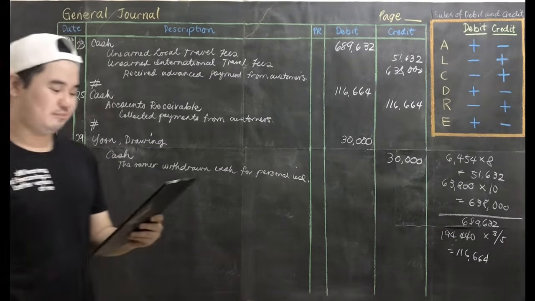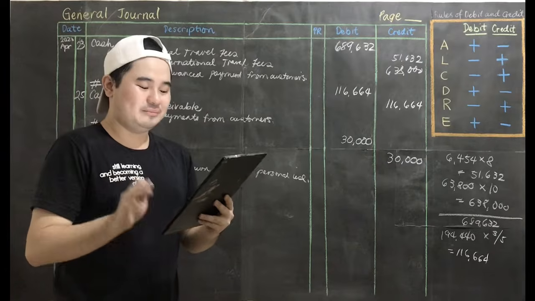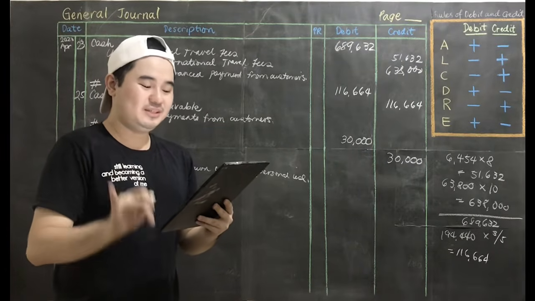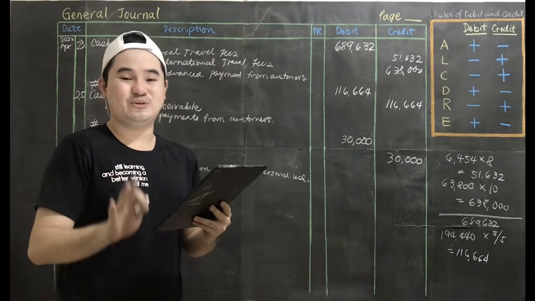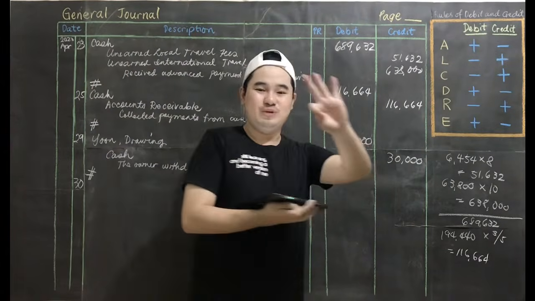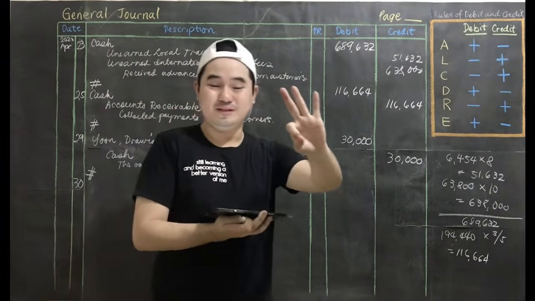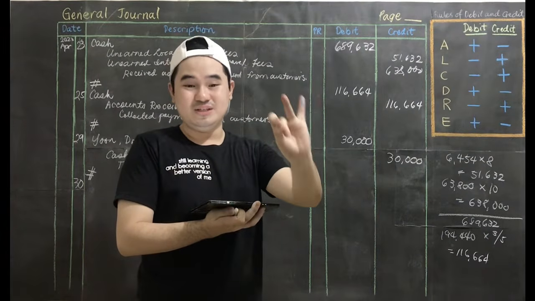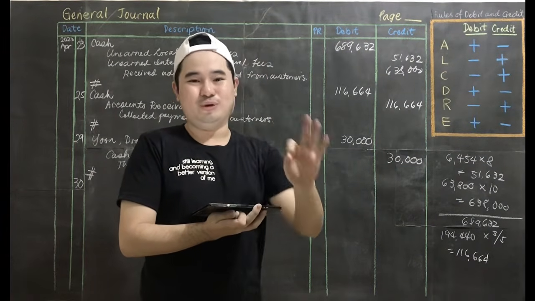Okay, April 30. Medyo sinagad, sabay-sabay. Nagbayad ng salaries na 95,000, utilities na 12,000, gas and oil na 10,000. Puro expense to. Okay? And then we have 3 expense accounts na gagamitin dito. Salaries expense, utilities expense, gas and oil expense.